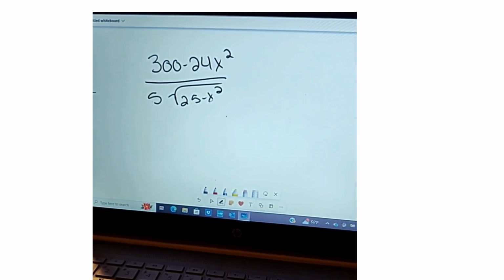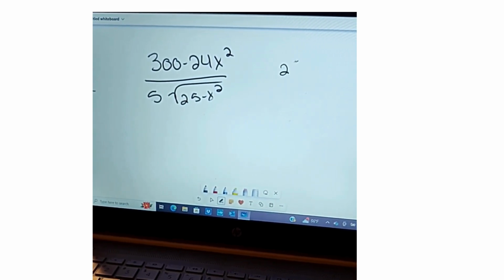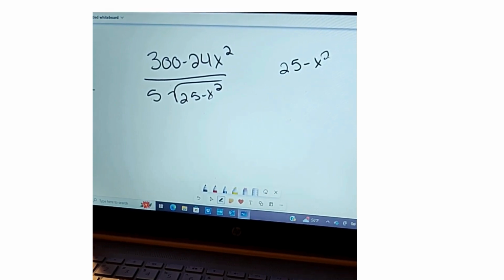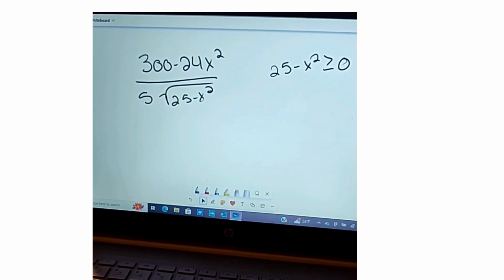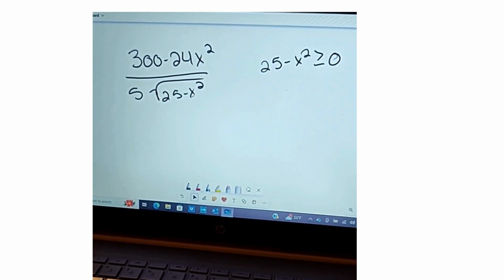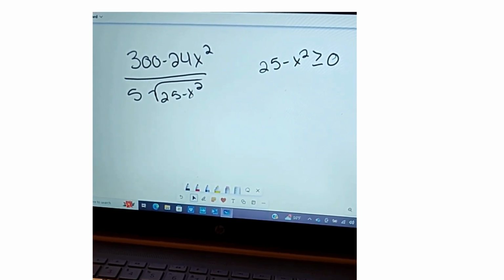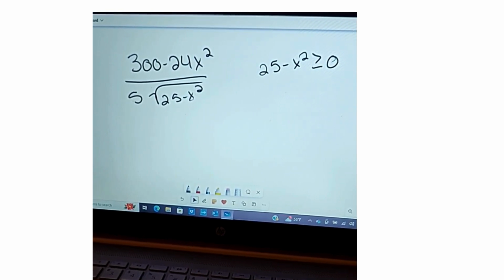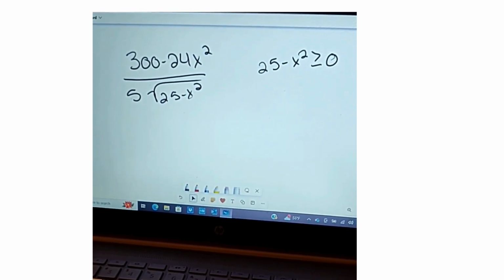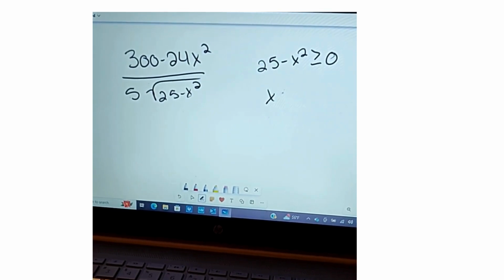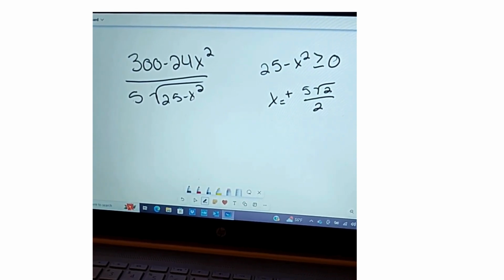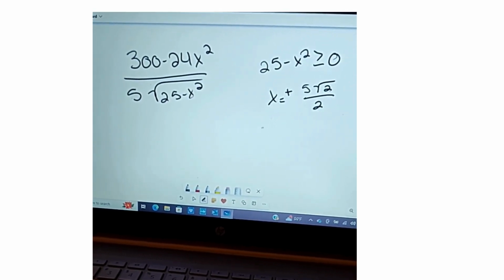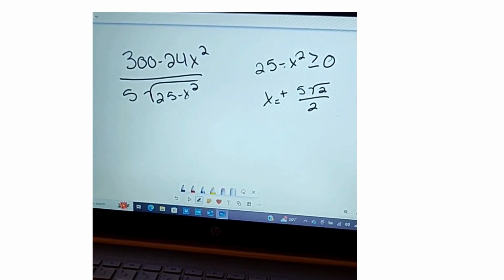So we're going to take 25 minus x squared is greater than or equal to 0. Sorry. So for x to be positive, 5 square root of 2 over 2, we're going to put it into this part right here.